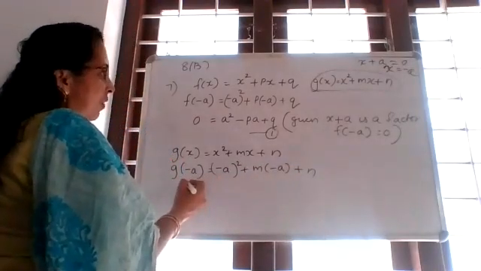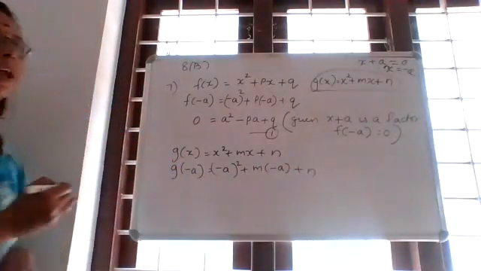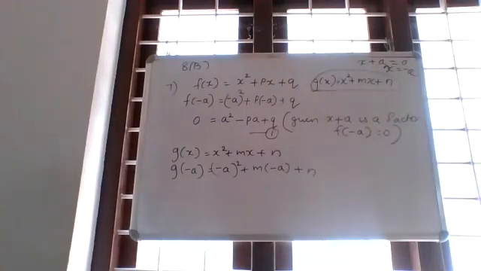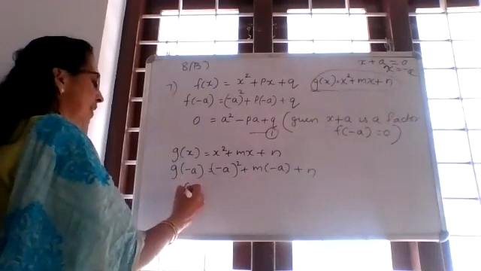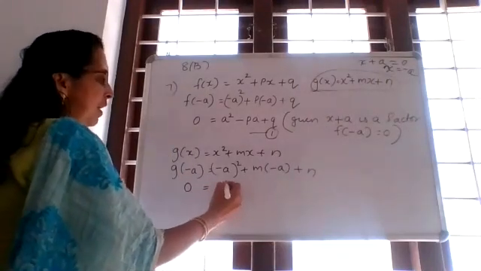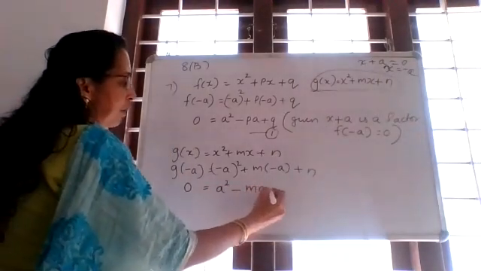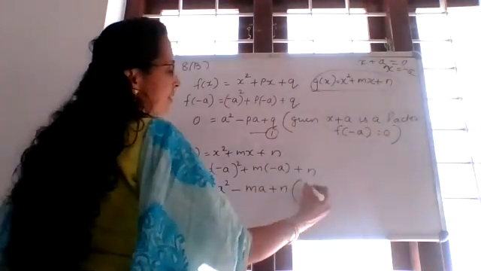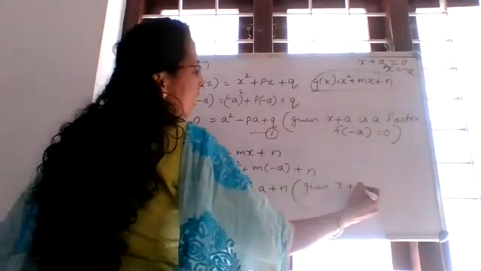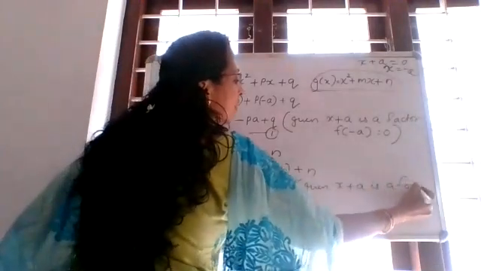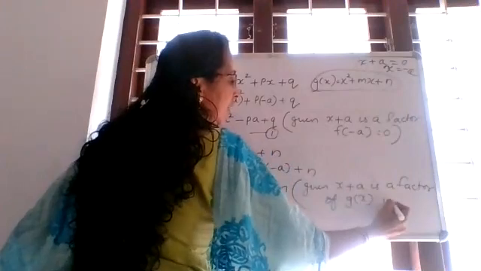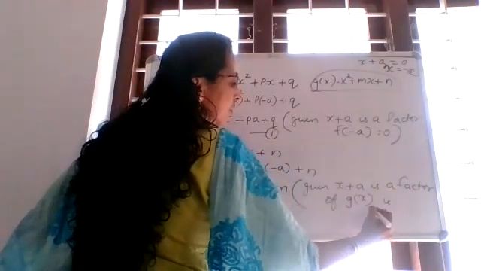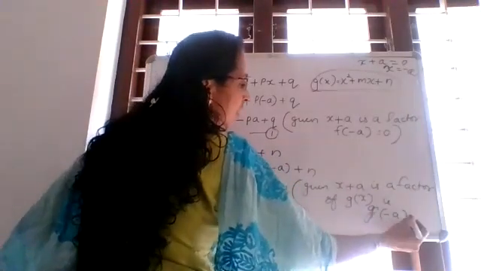Also given x plus a is a factor of g of x, so we can replace g of negative a as 0, equal to a square minus ma plus n. Since given x plus a is a factor of g of x, g of negative a is equal to 0.